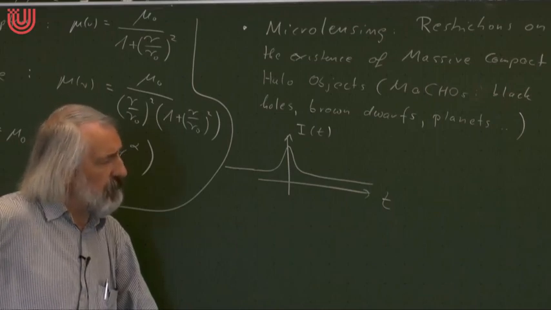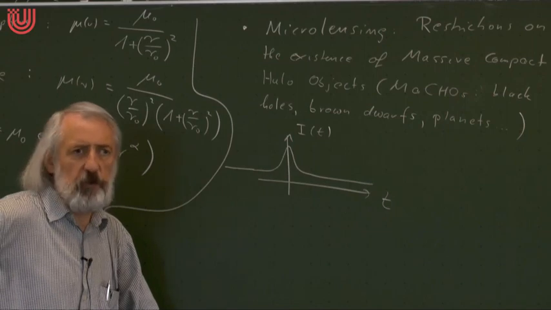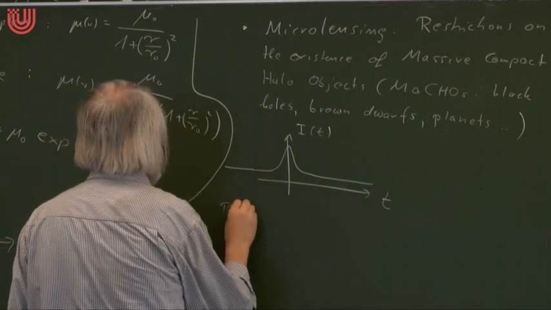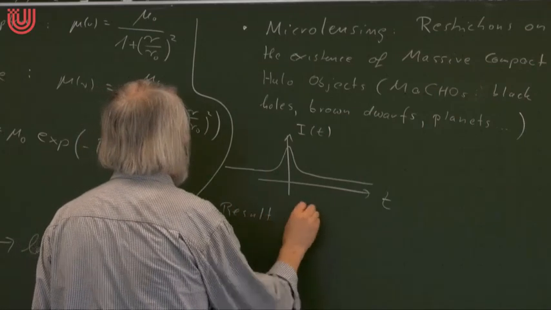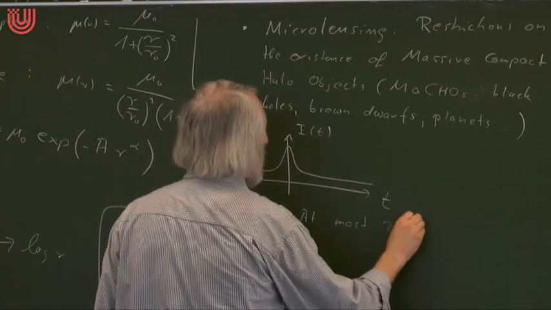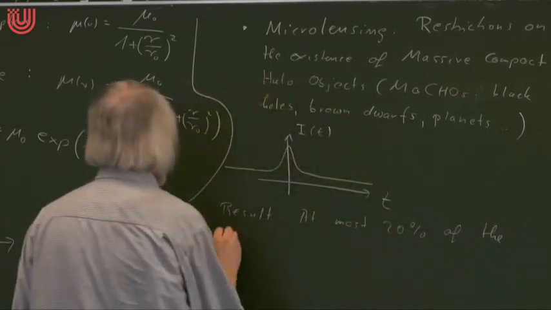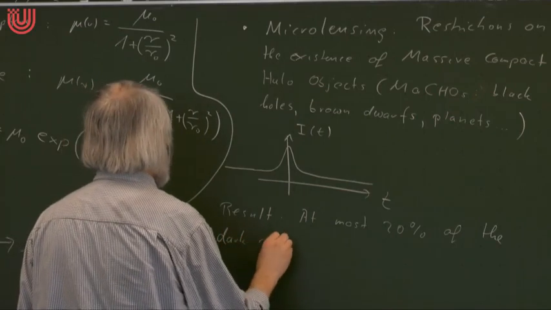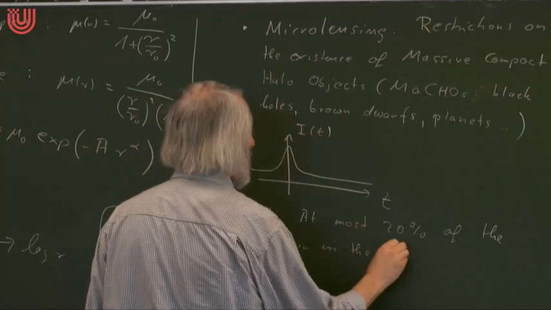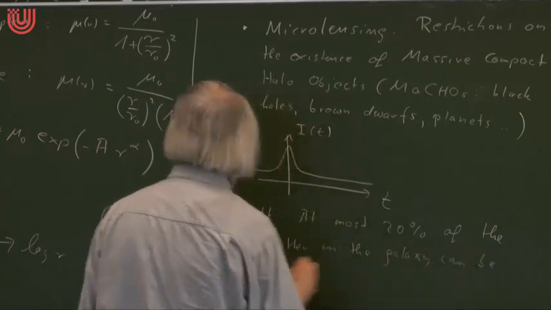Of this dark matter, very generously estimated, maybe 20% can be explained by Machos. So the result of these observations was that at most 20% of the dark matter in the galaxy can be Machos.